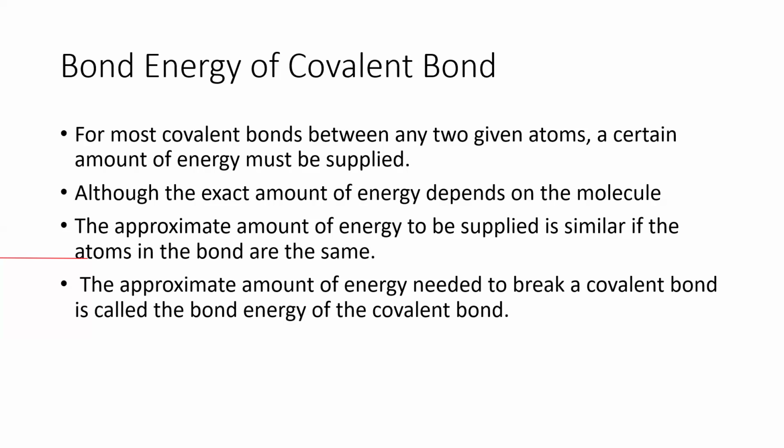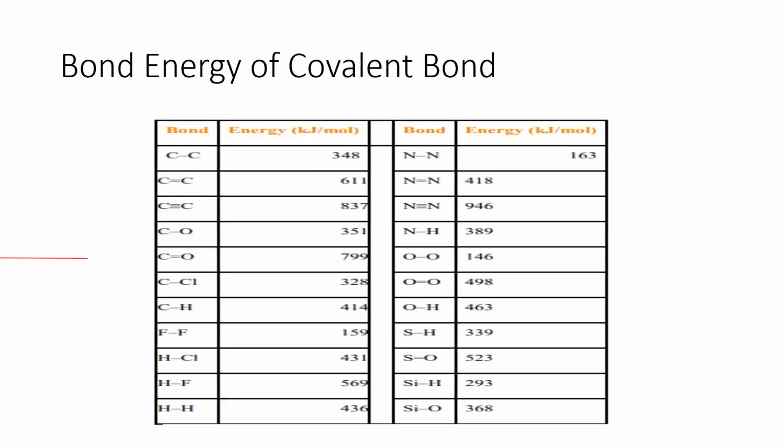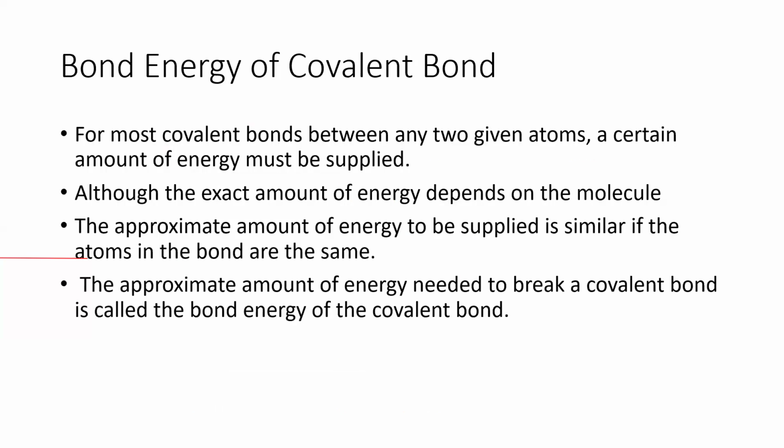When they come together, energy comes out. And when you want to break it apart, you need energy. That's why we call it bond energy, covalent bond energy. The approximate amount of energy needed to break a covalent bond is called the bond energy of the covalent bond.